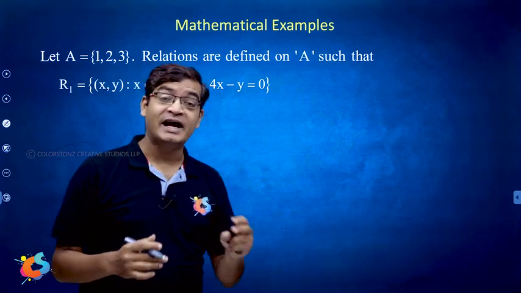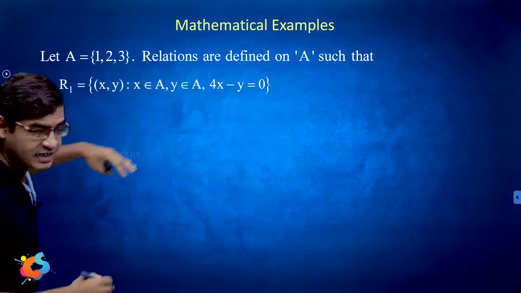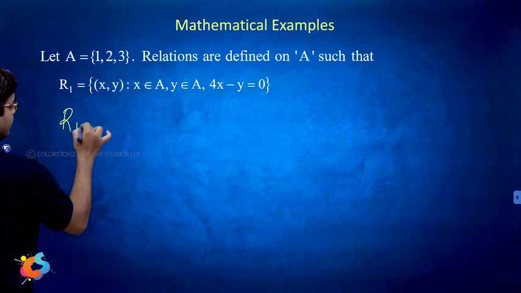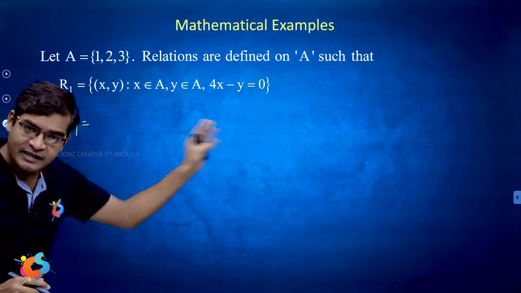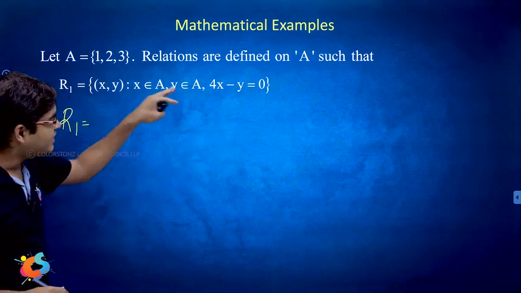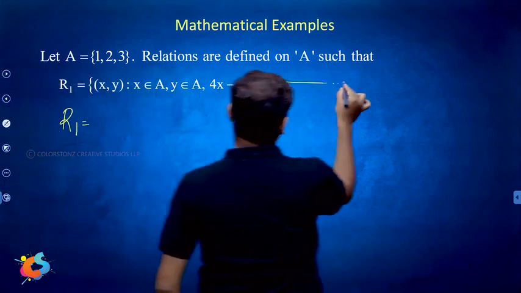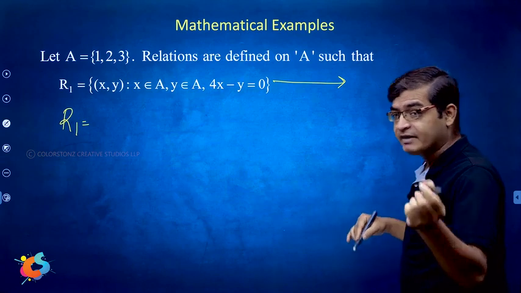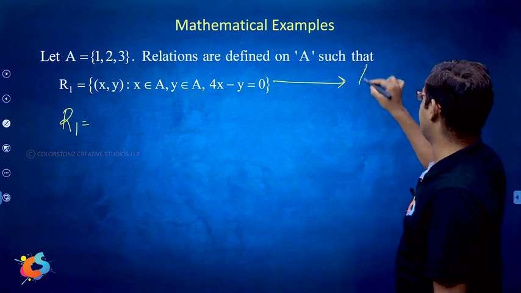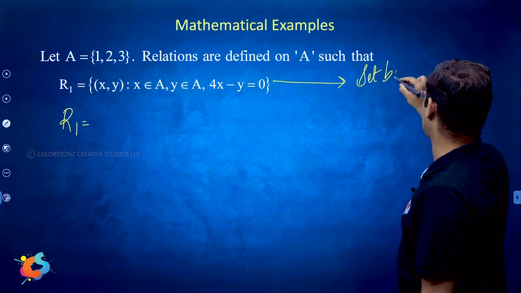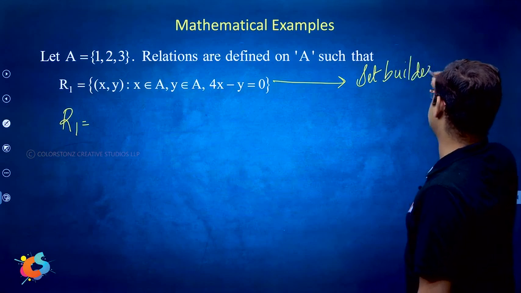Now let us get into writing the same set. We are writing R1 itself in a different form. Okay. Now let us write the ordered pairs here. Here we have mentioned a condition. Okay. So this is, if you remember in class 11, there is something called set builder form, a set builder way of writing a set.